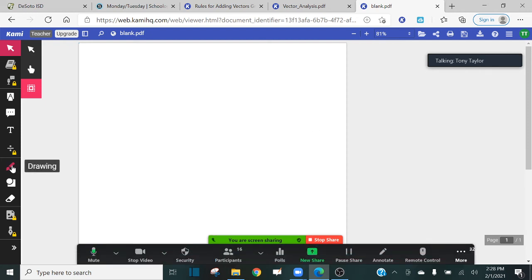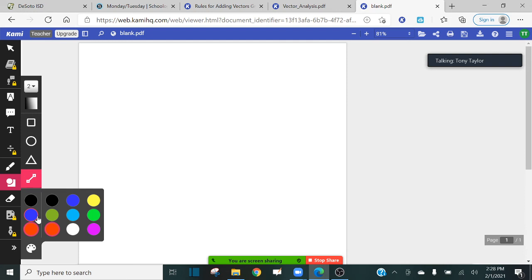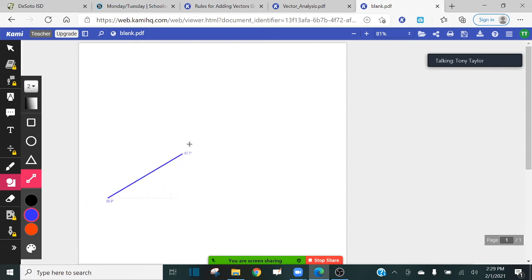suppose I give you a vector that looks like this. Let's assume I give you a vector that looks like this. This vector looks something like this. I can draw an arrow better than that.